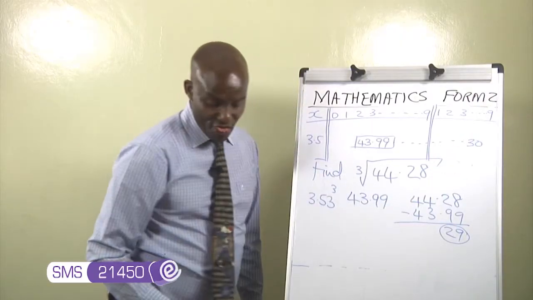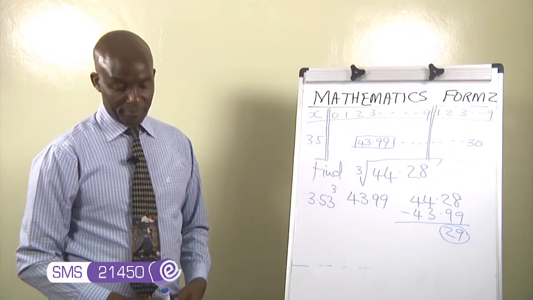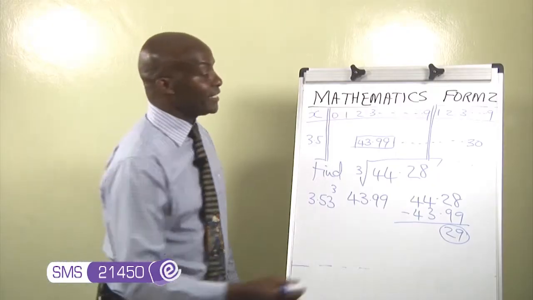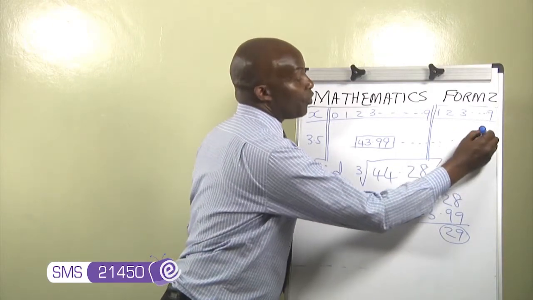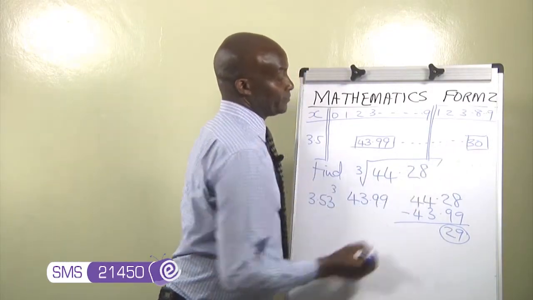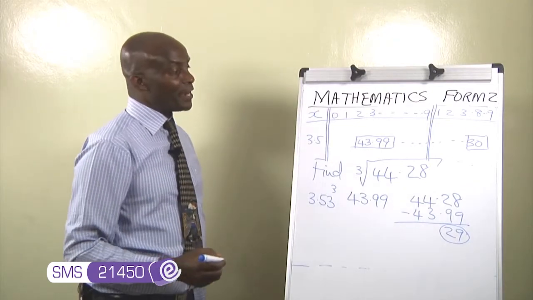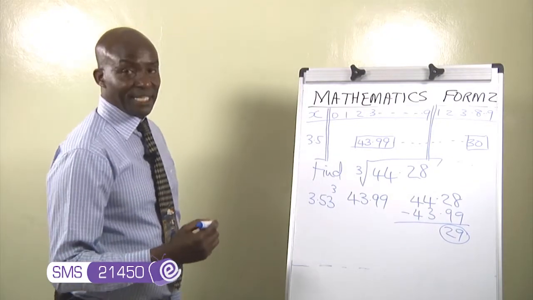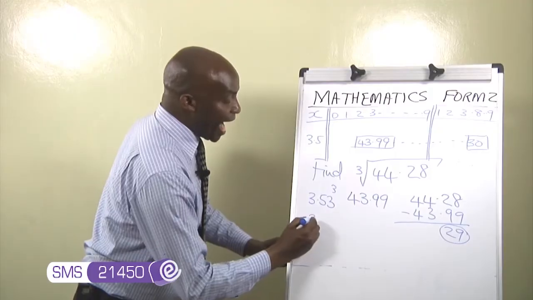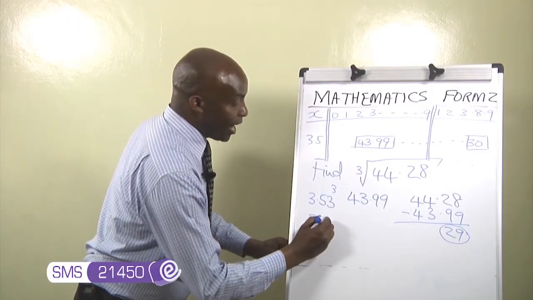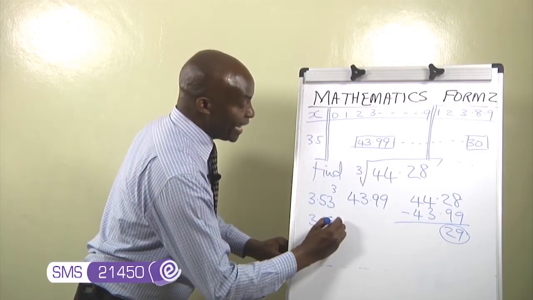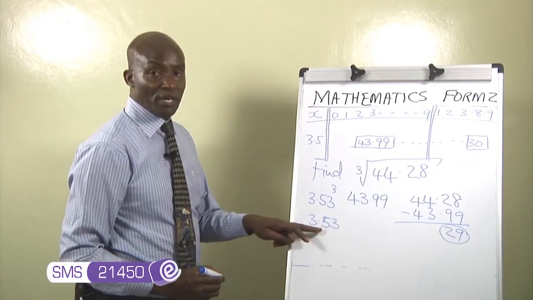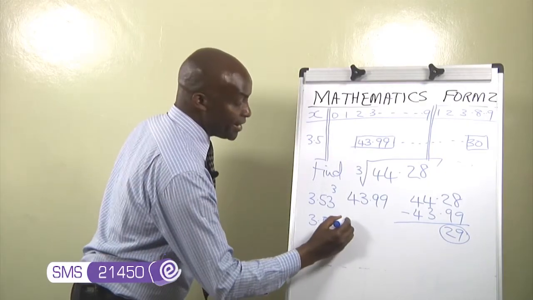You will find 30 under the minor column, and that 30 falls under column 8. So what does that tell us? We add 8 to our previous answer. So we had 3.53, we add 8.